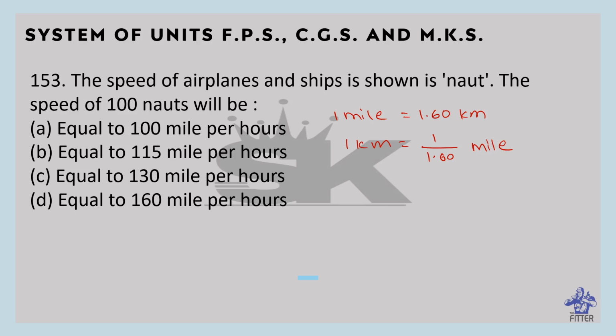Here 1 knot equals 1.85 kilometer per hour. For 1 kilometer, how many miles?